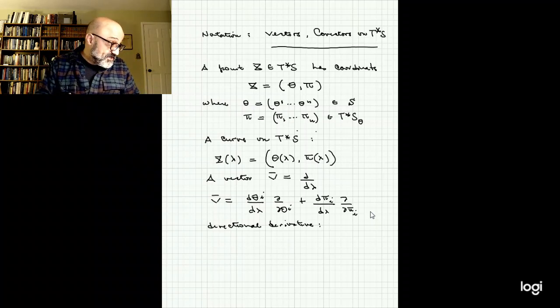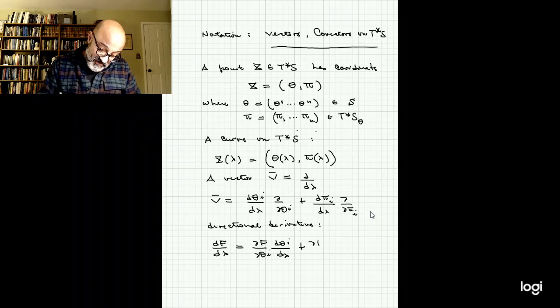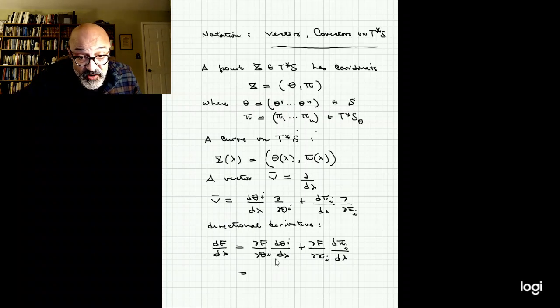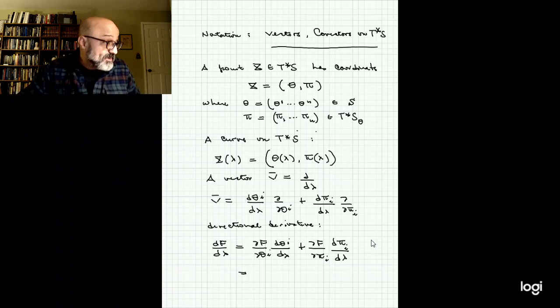The directional derivative d/d lambda is going to be: take the derivative with respect to theta times d theta/d lambda, plus the derivative with respect to pi times d pi/d lambda. This is the kind of object that we would like to write as the components of the gradient multiplying the vector.